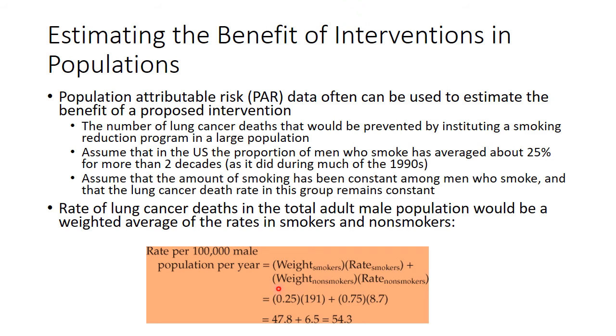So you assume this 25% of the male population are smoking times their rate of death per 100,000, plus 75% of the population who's not smoking times that 8.7, and you add these up, and you estimate that per 100,000 male population per year out of the whole population is going to be 54.3.